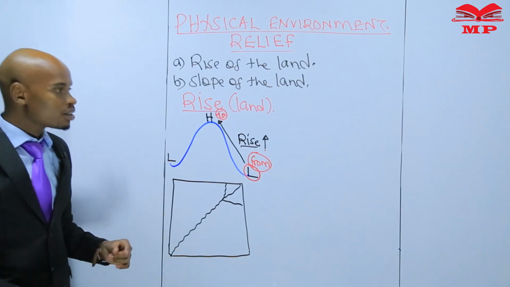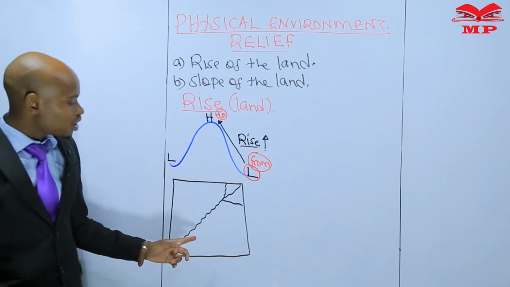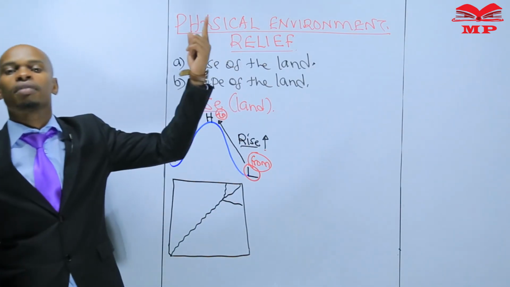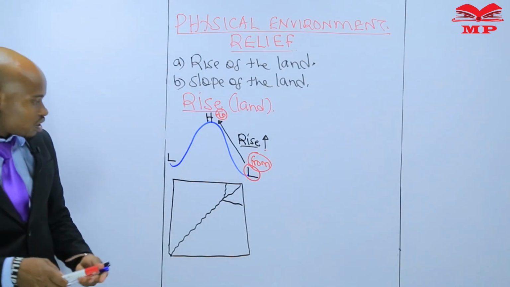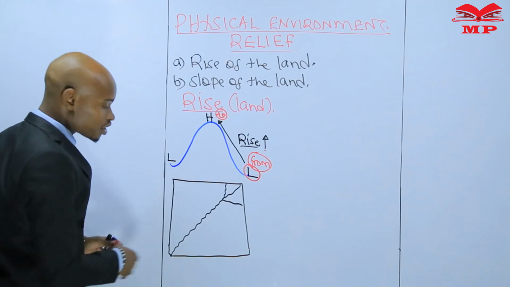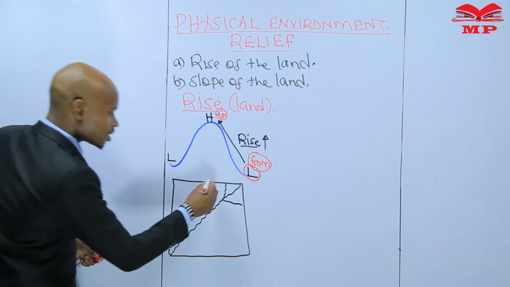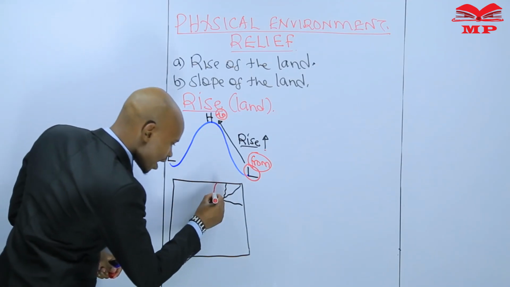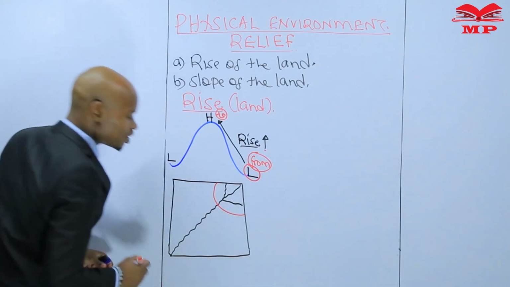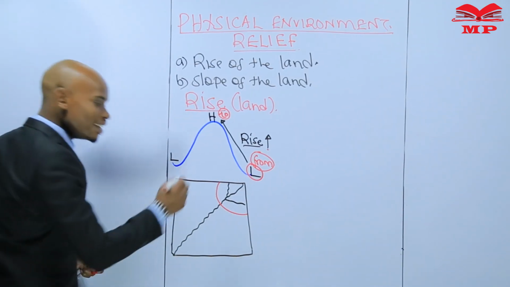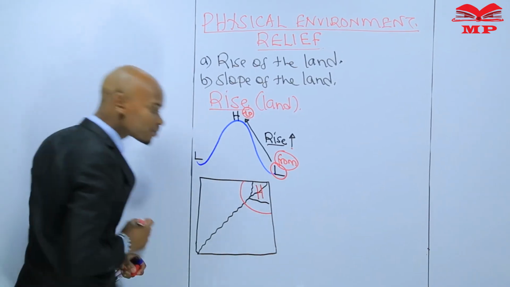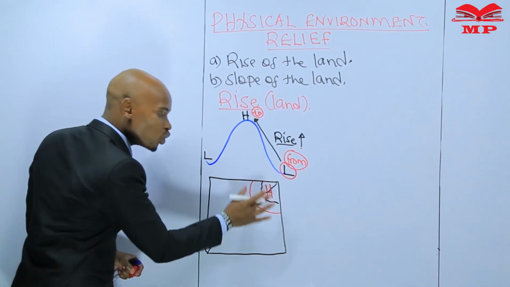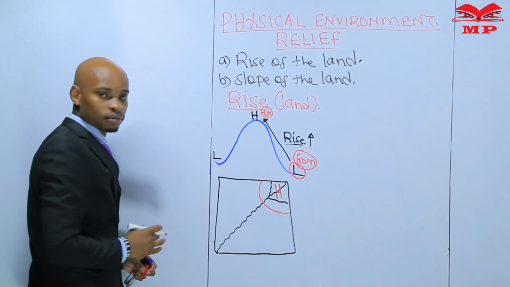There is no day a river will ascend a mountain. It always descends. So this river tells us that the area where it is originating from is a highland, because a river flows from a highland.